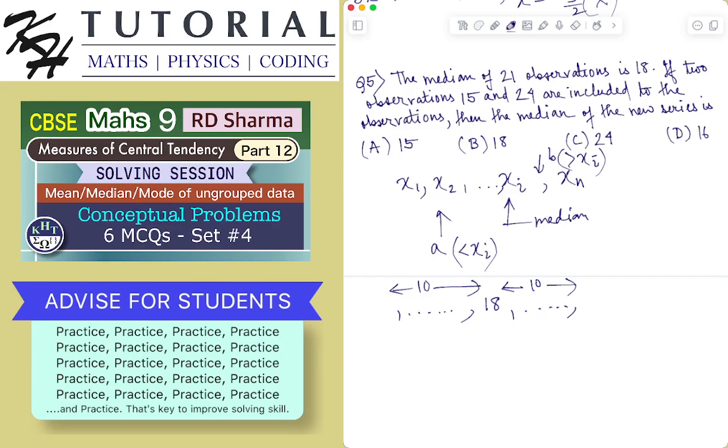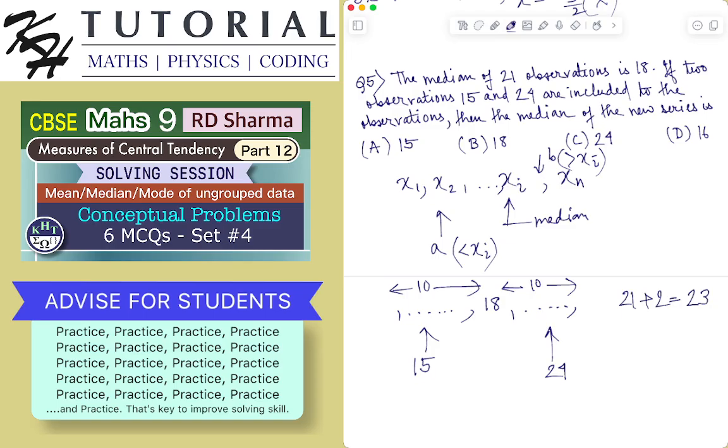Now 15 is added. Obviously 15 will be in the sorted list of observations to the left hand side of 18, and 24 will be to the right hand side of 18. Now when two observations are added, the total number of observations becomes 23, which is odd.